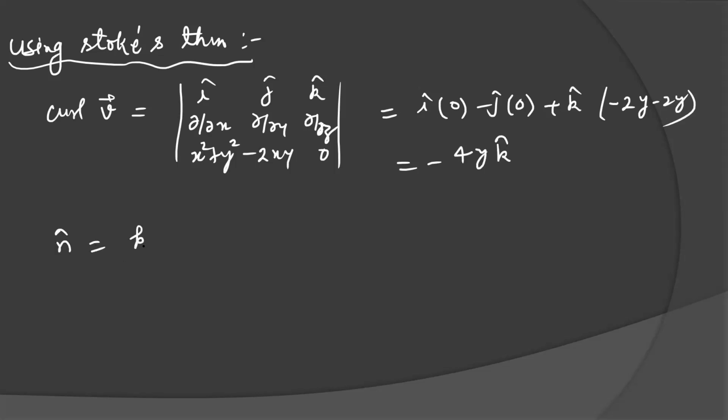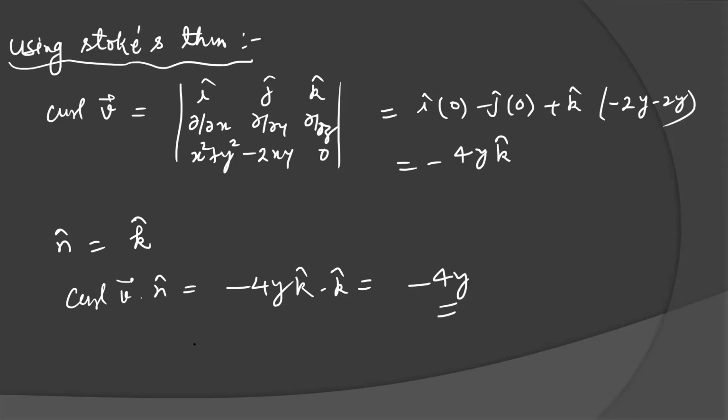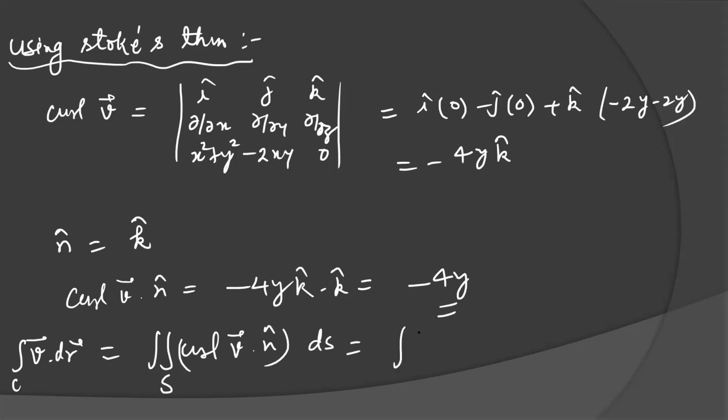N cap will be k cap because n cap is the normal vector, and we know that the z axis is the normal vector for the xy plane. So n cap will be k cap. Now your curl V dot n cap is going to be minus 4y k cap dot k cap, that will be minus 4y. Using Stokes theorem, we know that the line integral of V dot dr is equal to the surface integral of curl V dot n cap ds. So that will be equal to actually minus 4y.